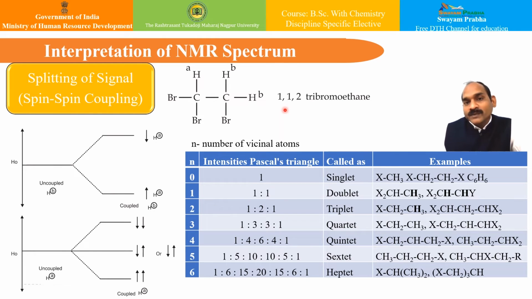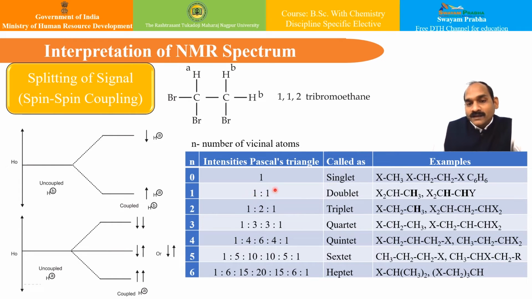When all the couplings to a given proton are the same, regular multiplets are formed, of this kind. For example, we call it a singlet. If it is split due to the neighboring proton environment into two peaks, it will be 1:1, that is a doublet.